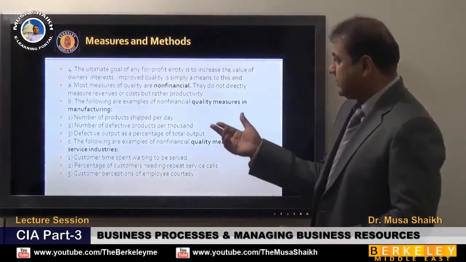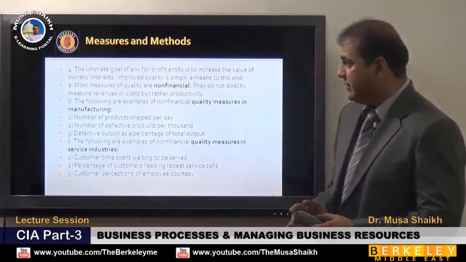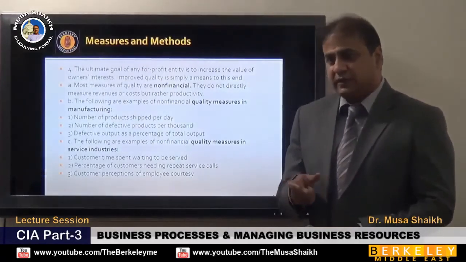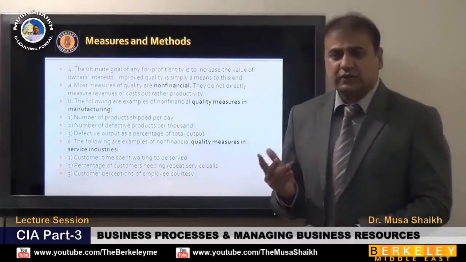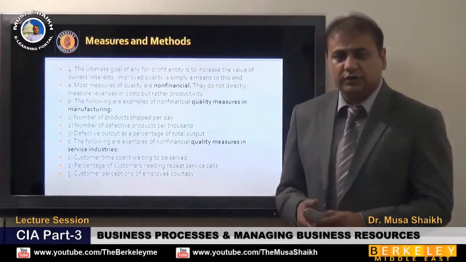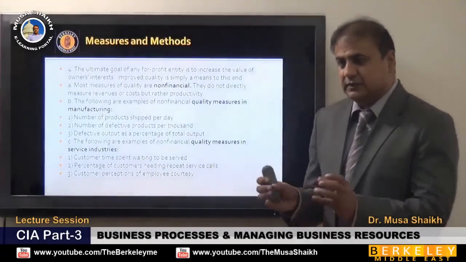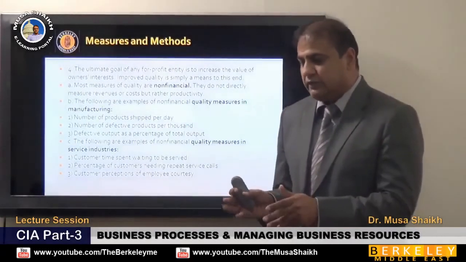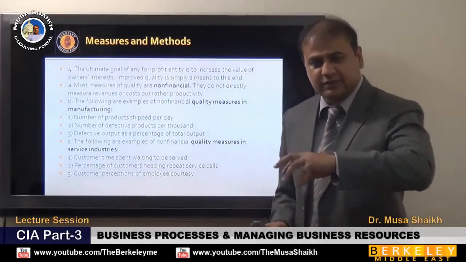Okay, let's talk about financial. When we bring quality, there are 2 types of dimension: one is financial, one is non-financial. Financial is where it is going to cost us. Suppose we have a lab and we do testing, so every chocolate will first go to the lab and we will test it, and that will be a separate cost.